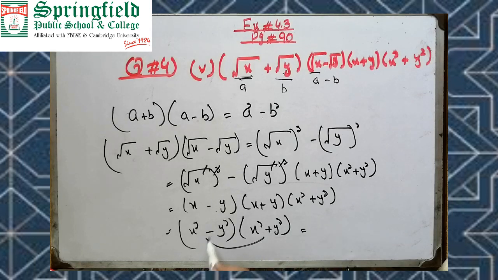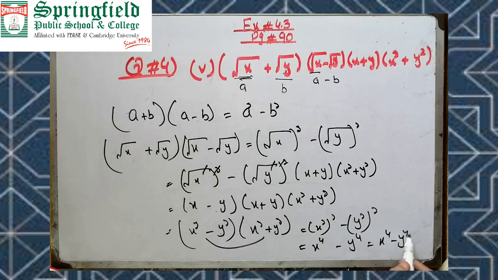Again a third time using this formula, a minus b, a plus b can be written as a square minus b square. So 2 2s are 4, 2 2s are 4. It means x to the power 4 minus y to the power 4 is your final answer. Understood, beta? Okay, now do the practice of all these questions in your notebook.